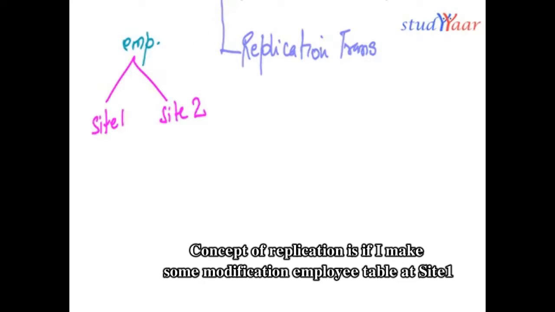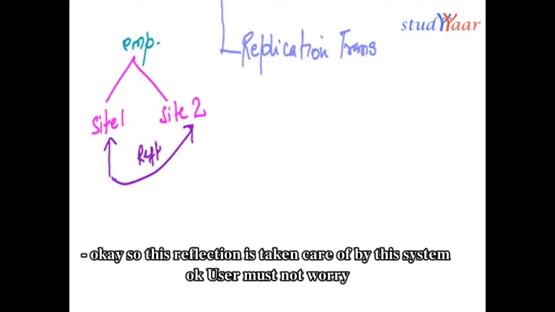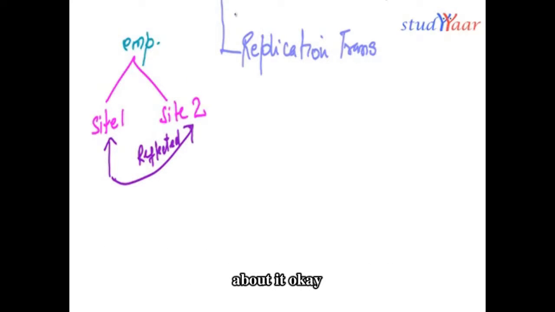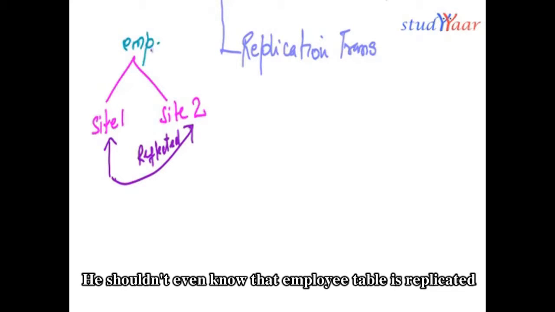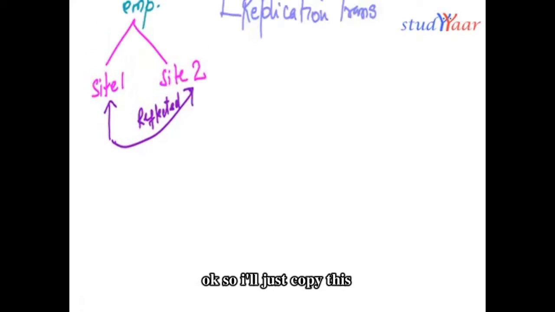If I make some modification in the employee table at site 1, the same changes are reflected to site 2. This reflection is taken care of by the system. The user must not worry about it. He shouldn't even know that the employee table is replicated. So that is the concept of replication transparency.